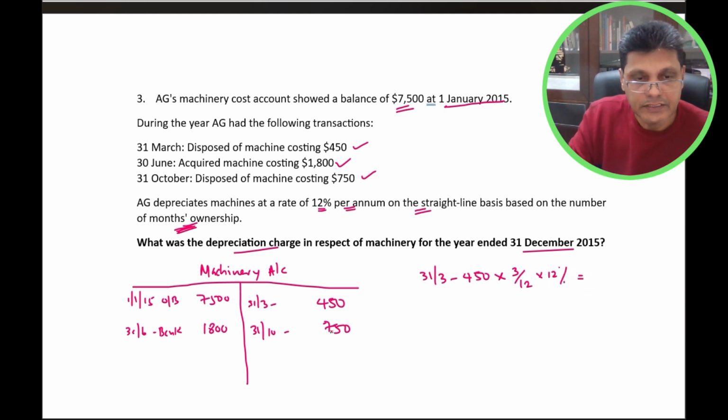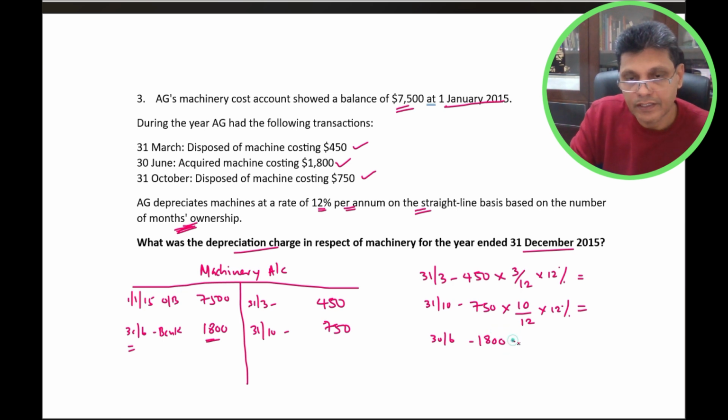Then if you take this particular asset 750, 31st October 750, this particular asset was held for how many months? 10 months. So therefore for 10 months you need to depreciate this particular asset. Then in addition to that, company has bought 1,800 on 30th June. So additional asset was acquired at the rate of 12%. Since this was purchased in June, we need to depreciate for the remaining 6 months.